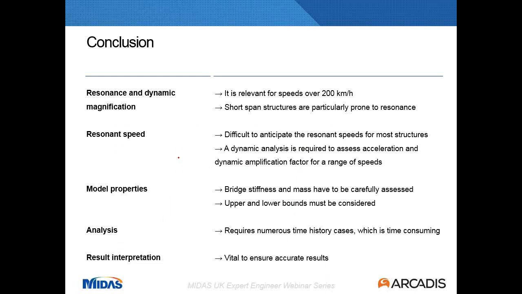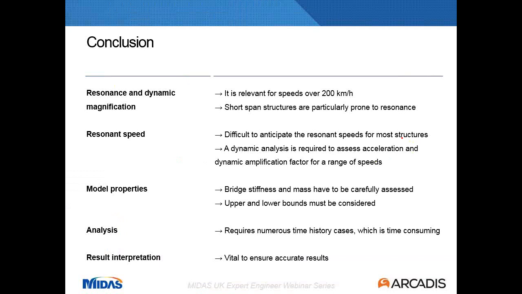The resonance speed is difficult to anticipate for most structures. I'm saying that because if you have a single span structure, you can use analytical formulas, but when you have a change in stiffness along the bridge, or you have a grillage model, orthotropic, or more complex bridge, it's very difficult to get any feeling of what the resonance speed is unless you run this dynamic analysis.